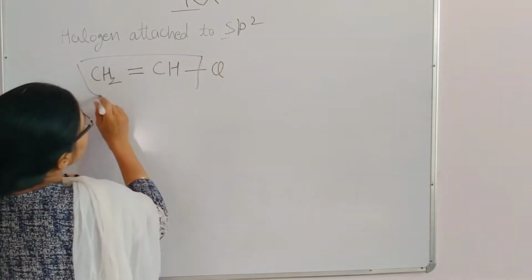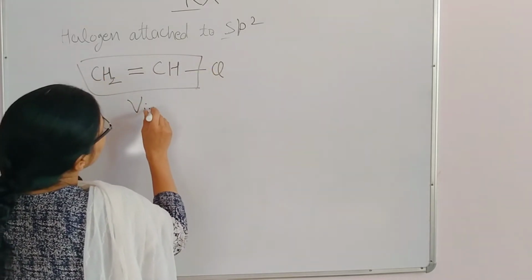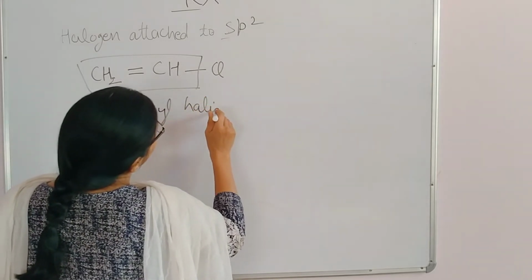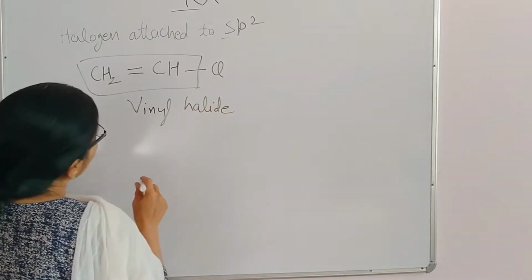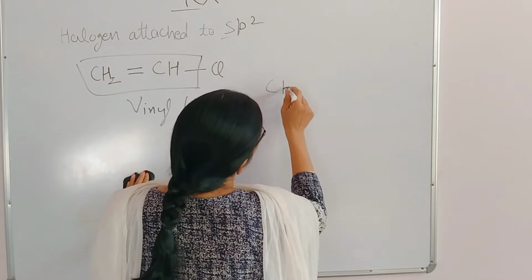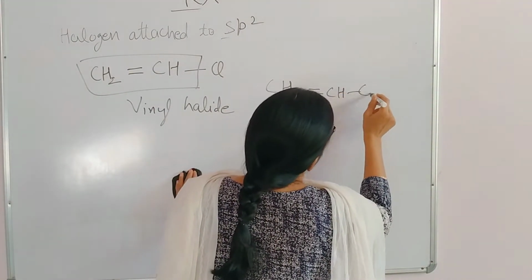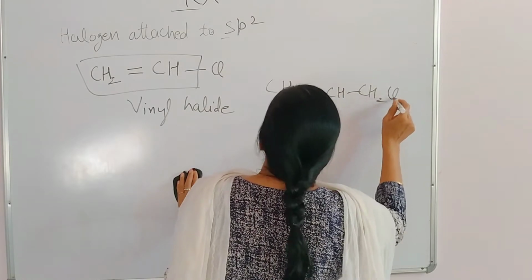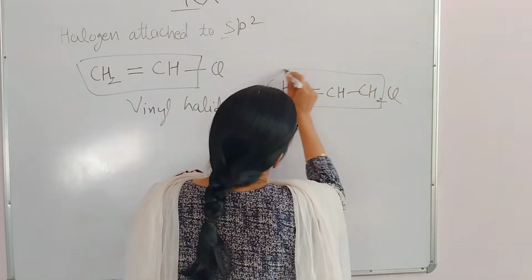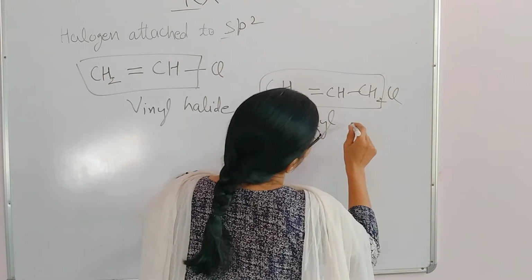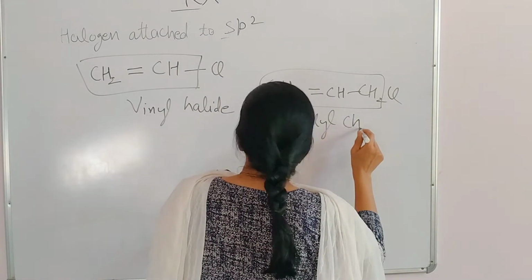This group is known as vinyl group. Common naming is vinyl halide, vinylic halide. In the same manner, CH2=CH-CH2Cl. This is known as allyl group, allyl chloride.